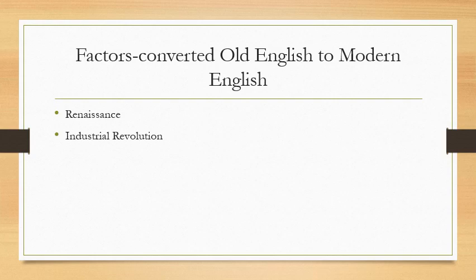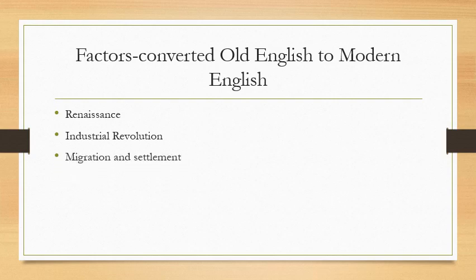Accent is different, right? So when people do trade, what happened? There was an exchange. And even now there is an exchange of language, and we have got the influence of other languages, other accents. So that's why there was a gradual change of Old English into the modern one.